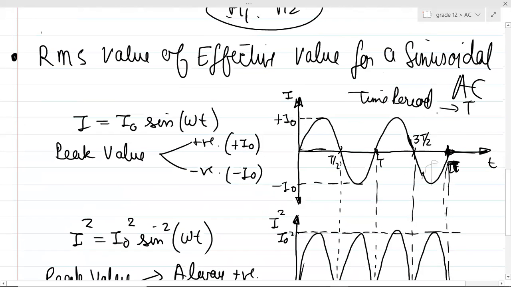Is this clear, guys? Frequency is f and angular frequency was omega.